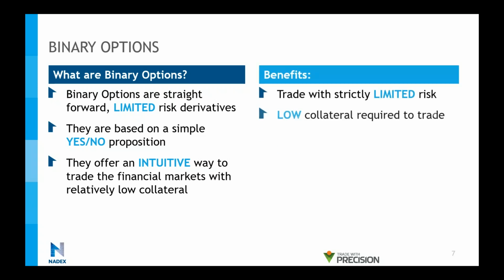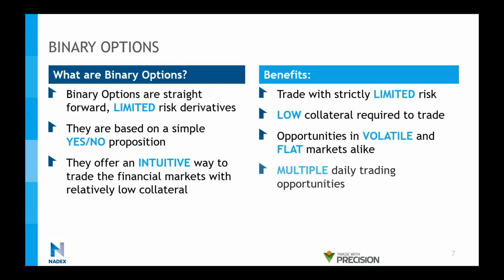So the benefits are, once again, you trade with strictly limited risk. You have a low collateral required to actually trade, and as with options, you have opportunities both in volatile and in flat markets alike. And you have different types of markets available here. You have commodities, financial indices, cryptocurrencies, forex, all those different markets, and they are accessible from one account here at Nadex.